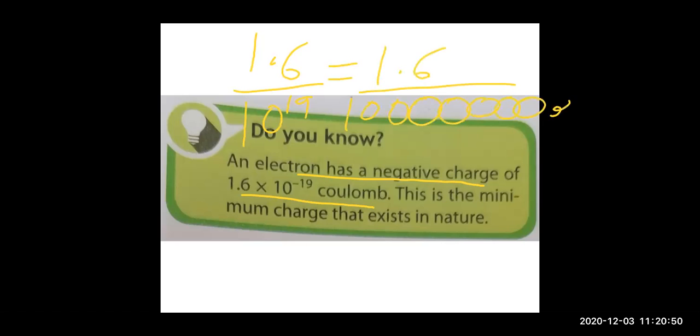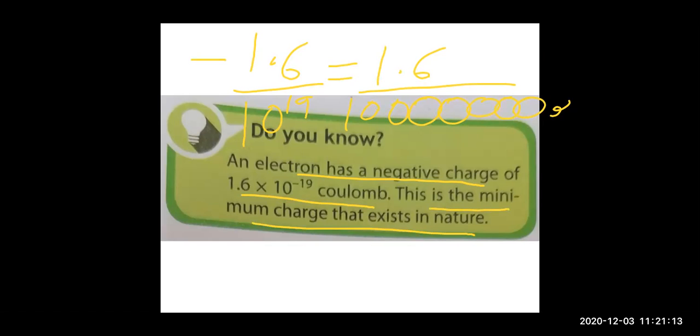So you just see what a small charge it is having, and that charge is negative because we know electrons are negatively charged particles, right? So it is 0. then 18 zeros and then you are going to have 16. So very small charge. This is the minimum charge that exists in nature.